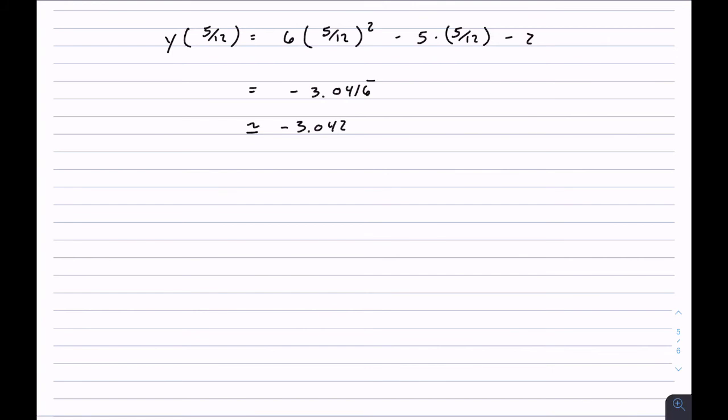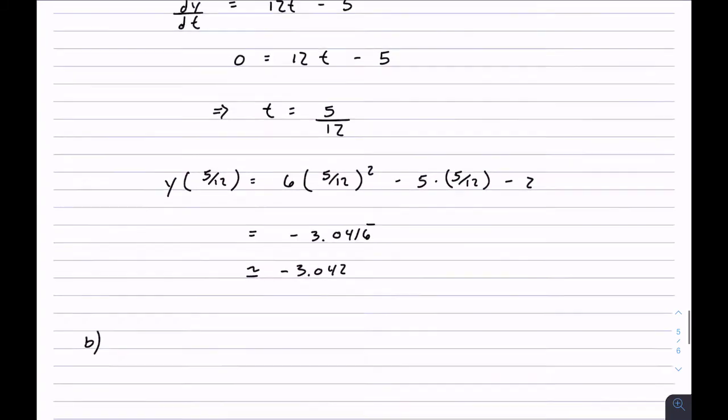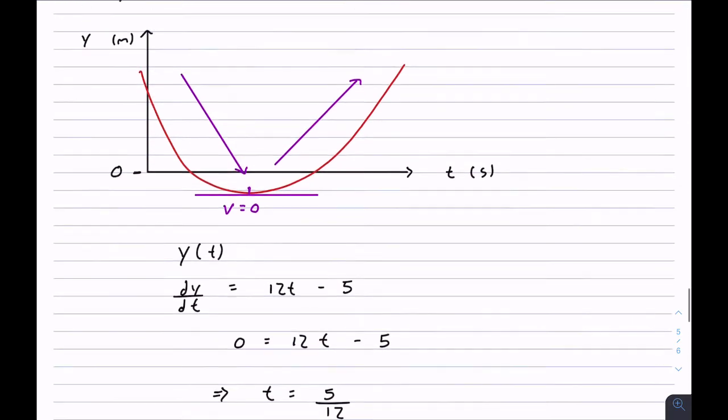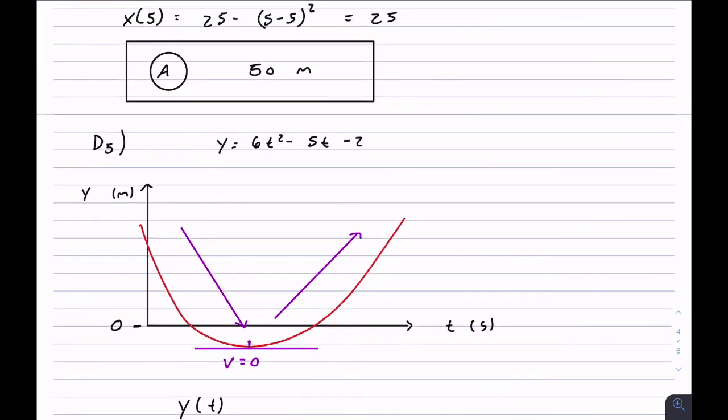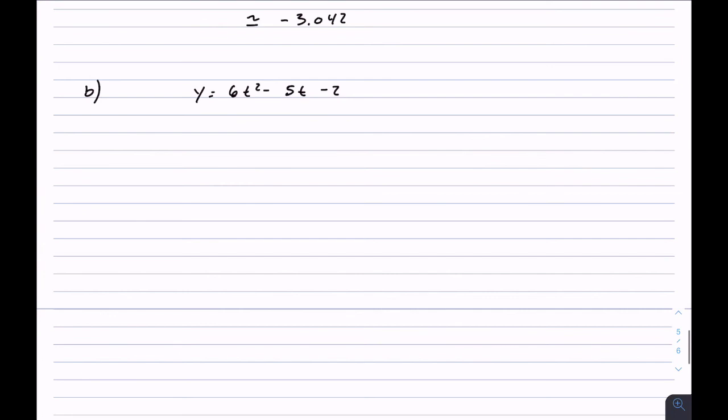Okay, for the next part we want to find the object's velocity when it returns to its original position at t equals 0. So what we need to do to find this is take this function. We want to know the position at t equals 0.